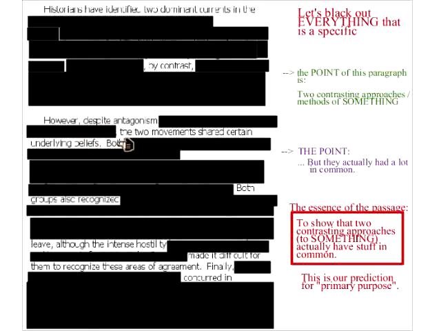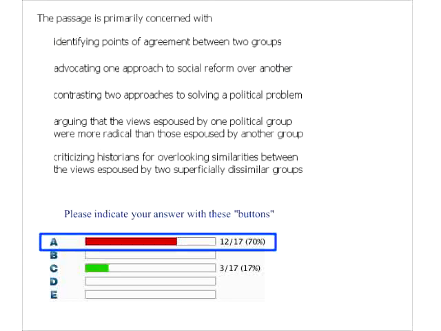So despite antagonism, the two movements shared underlying beliefs. They both did this, they both did this, they concurred in this. This is the majority of the passage. So if you say that the point was to contrast the two approaches, then you're missing that huge, huge emphasis. The point is to identify the points of agreement between them.